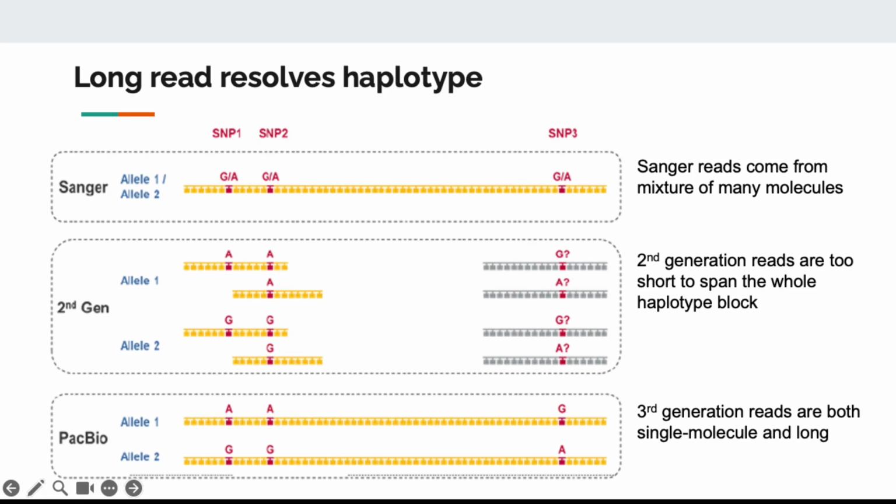But if there is another mutation further away, more than 300, more than 500 base pairs, you cannot link it to this earlier mutation, because in the sequencer they will occur on different molecules. But for long read sequencing, you will know that this A and this G occur together as a single haplotype, as a single block, as a single unit. So this is another benefit in genetics that people like from third generation machines.